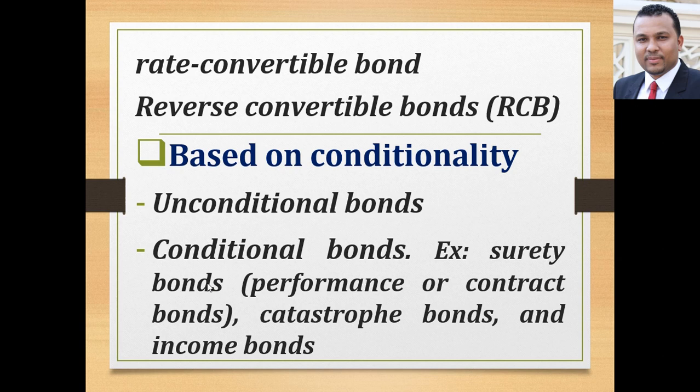The issuer of a surety bond may be an insurance company that promises to pay the project owner, the bondholder in this case, a certain amount if the contractor fails to meet the obligation as specified in the contract between the project owner and contractor.